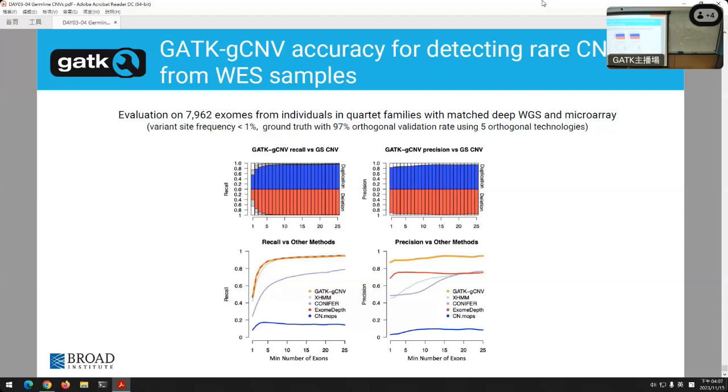I have two questions. The first question is what is the recommended coverage depth of sequencing data, and the recommended sample size to effectively run GCNV.